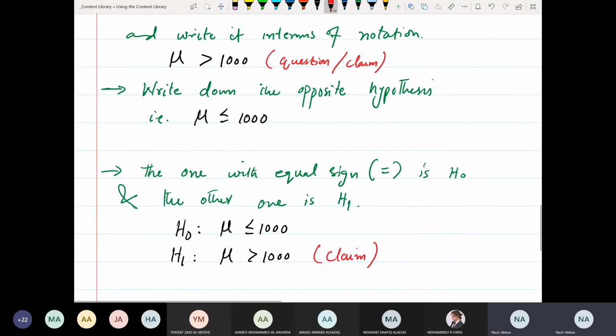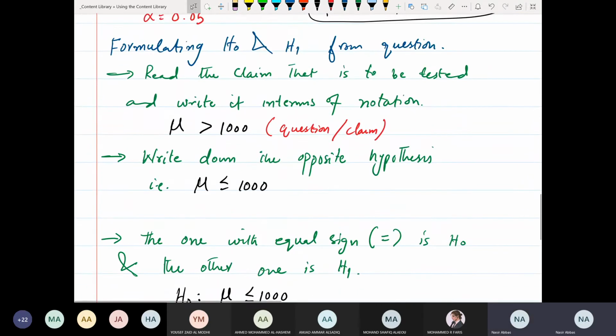You will always follow this 3-step procedure to make H0 and H1. Number 1, you will read the claim and write down the claim in terms of notation. The claim will be one of the 6 statements. Number 2, you will write down the opposite. The opposite may or may not contain an equal sign, depending upon whether the actual statement contains an equal sign or not.